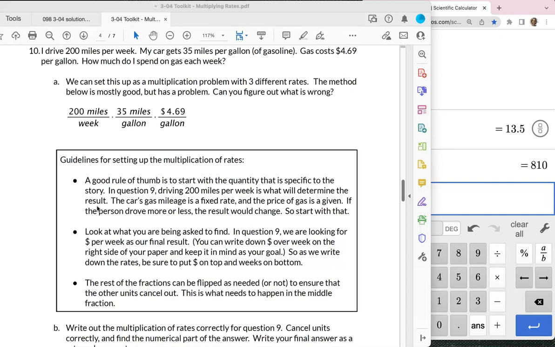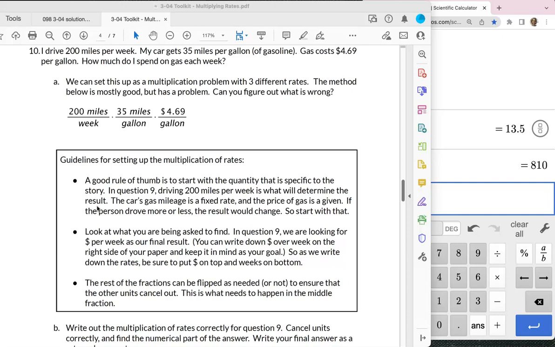That's kind of just a fixed thing for your car. And the price of gas, again, that doesn't really have anything to do with you. So the 200 miles per week is the part that's sort of unique to your story. If the person drove more or less, the result would change. So start with 200 miles per week.